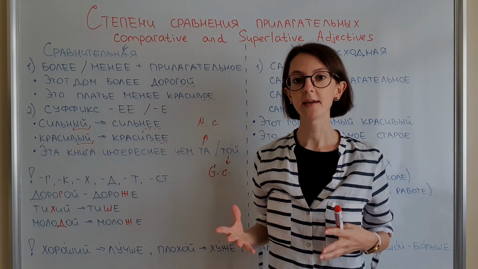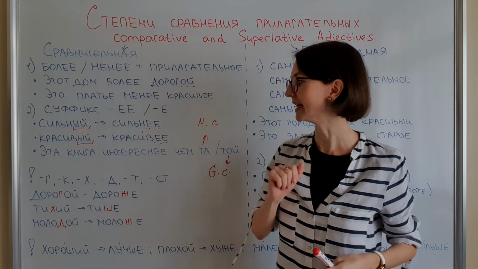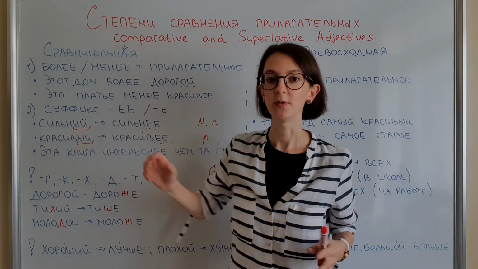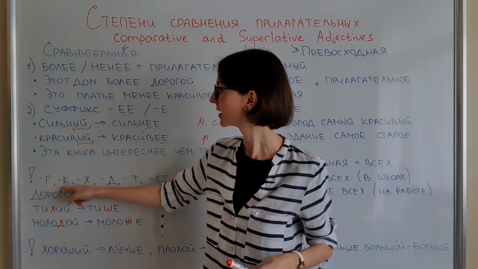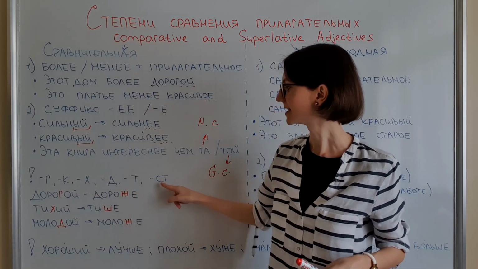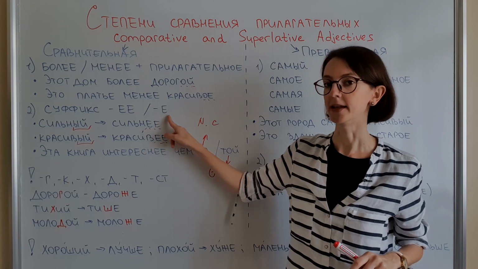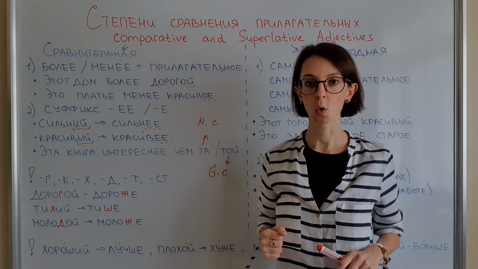But there are some cases where we need to use another rule. So the rule is following. If the last consonant before the ending is one of those g, k, h, d, t, st, we need to use the suffix е, and also we need to change the last consonant.